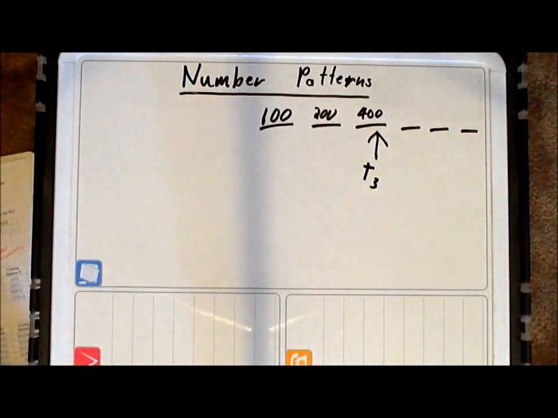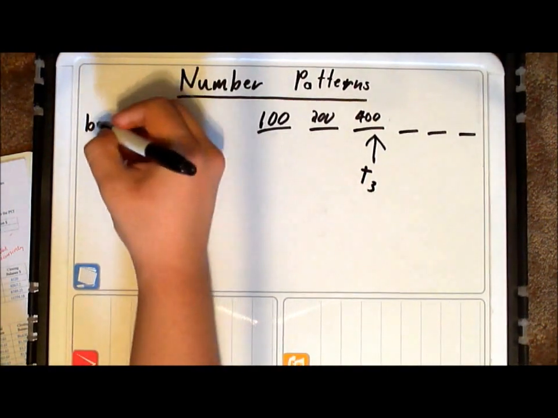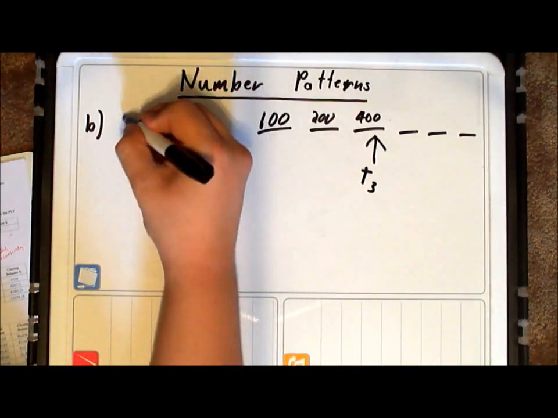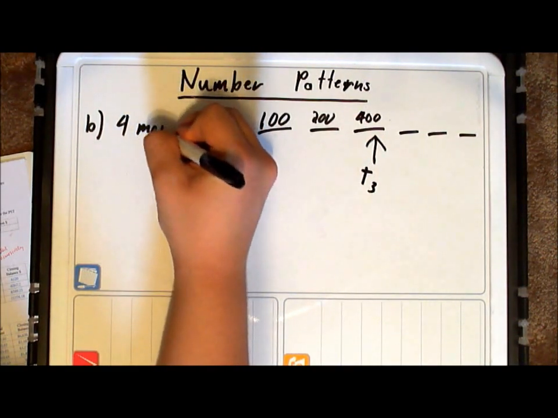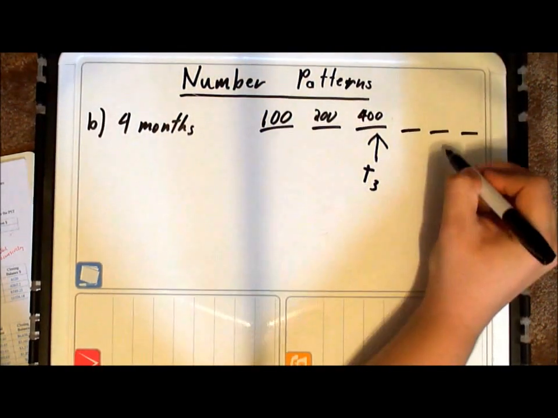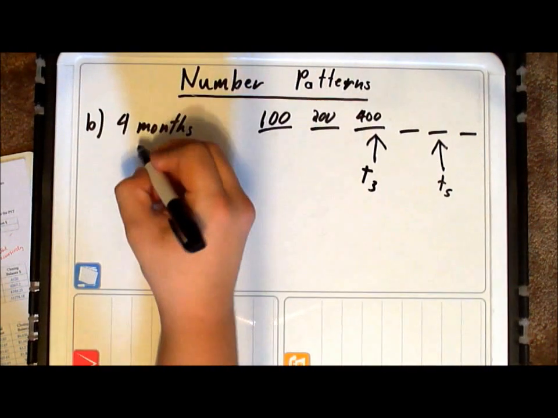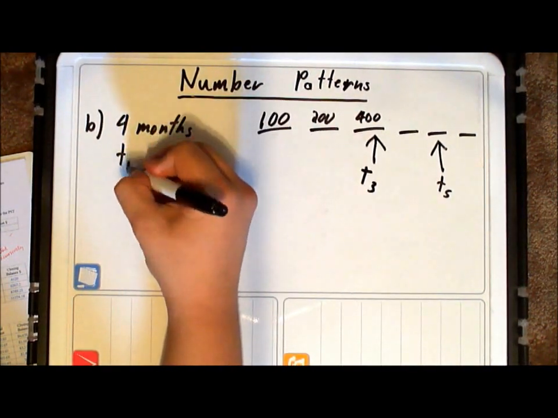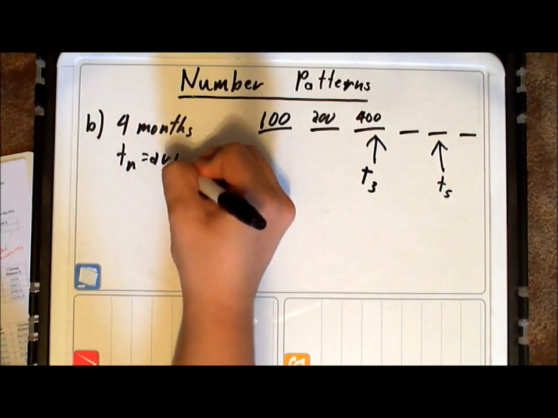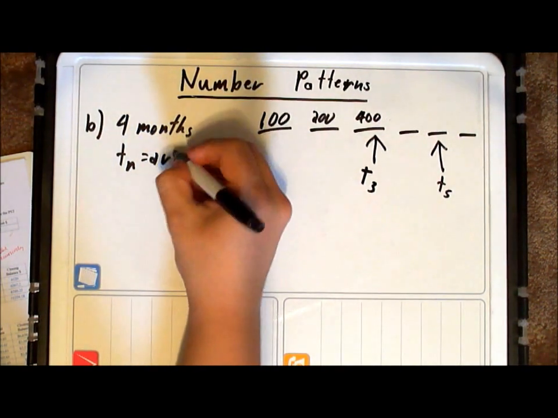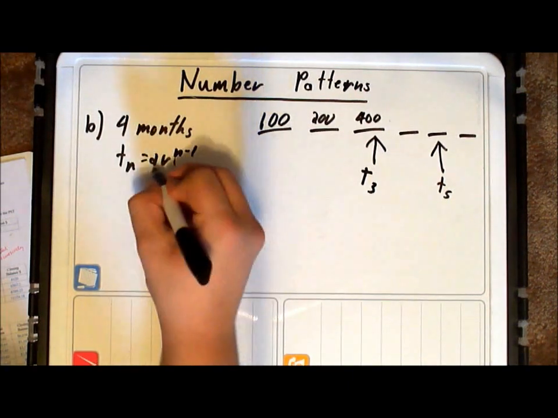Next one to do is just B, which is 4 months, which is T5. So Tn equals A R to the n minus 1.